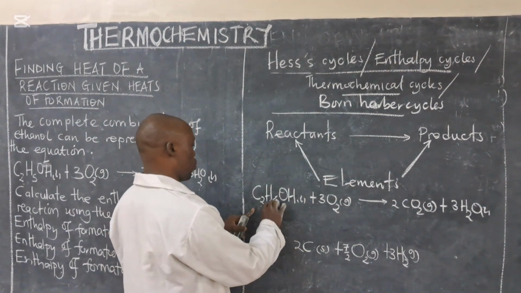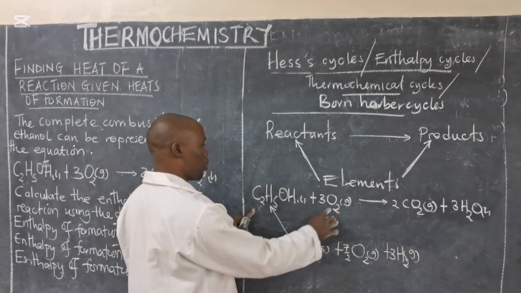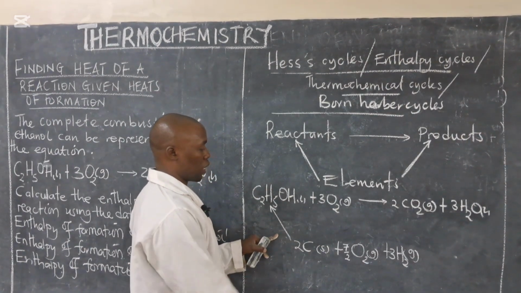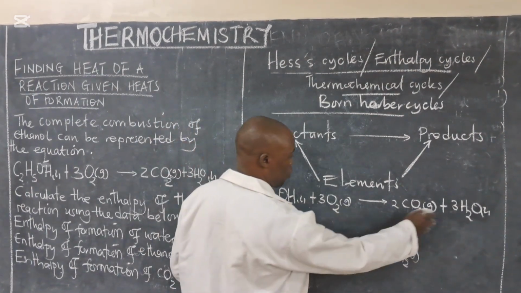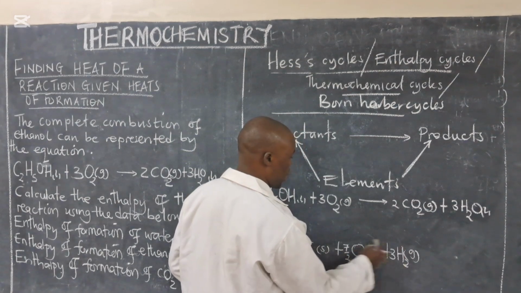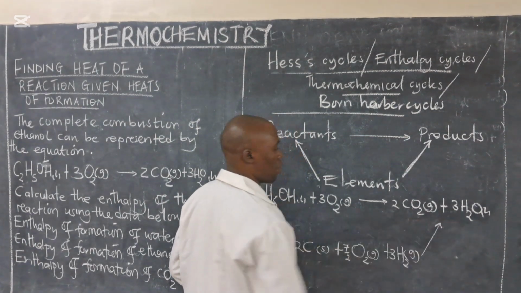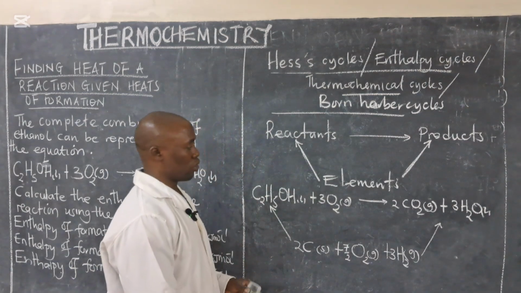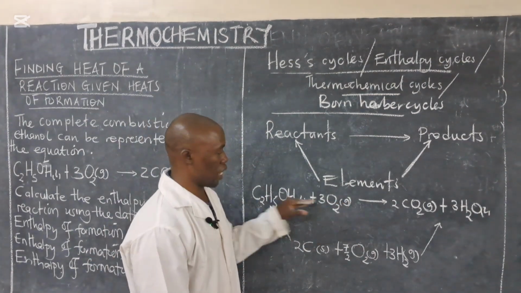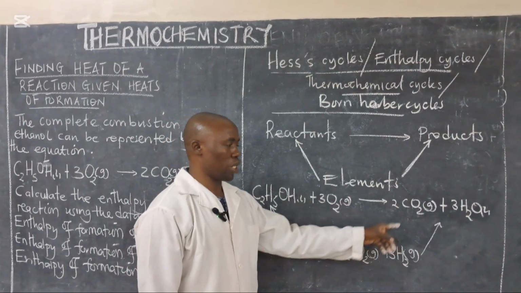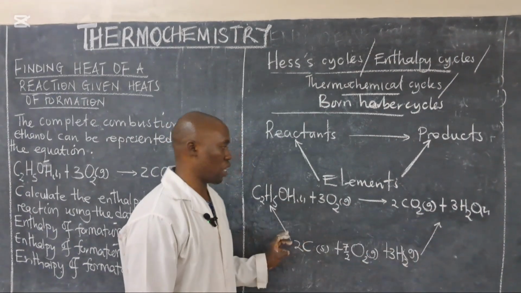Now point into ethanol. We can't point into an element because we can't form elements. We can only form compounds. So I have 2 compounds. I can draw 2 arrows from anywhere this side, or I draw an arrow pointing in the middle here. That is Hess's law. Hess's law says that the heat of this reaction, the enthalpy change that leads to the formation of this, is got from these values.